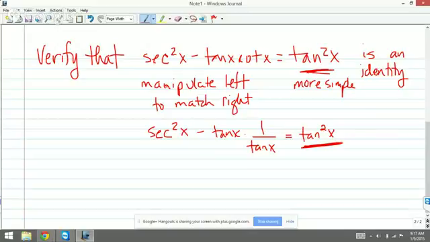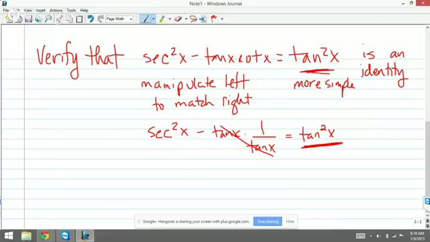But okay, these two now cancel out, right? Cotangent's 1 over tan. We have a minus 1 there. Is there a way to change secant x into tan x? There's an identity. What is it?